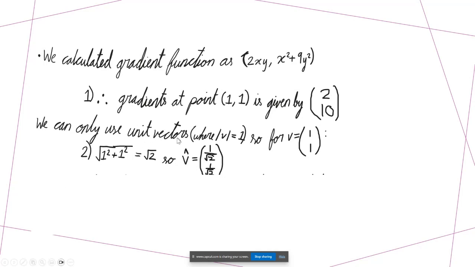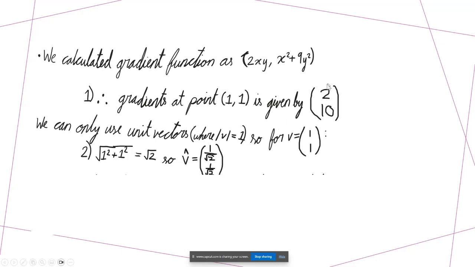Okay, that's fine. The last step to calculate the directional derivative: sub in the unit vector into x and y. Not quite. We already subbed in 1 and 1 and got (2, 10) out of it.